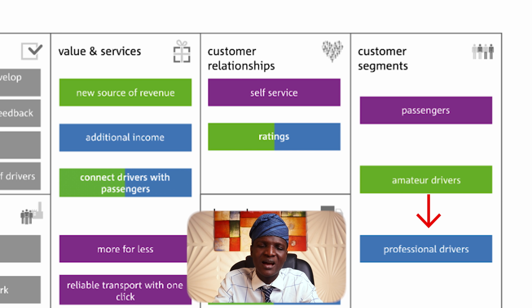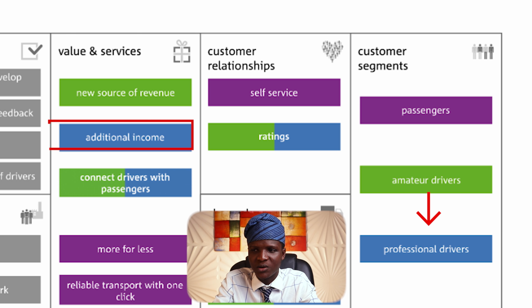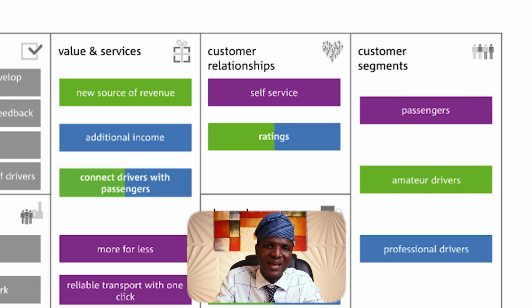What they do is driving all day, 24/7. So for professional drivers, their value proposition is what? Additional income. Because they are already driving a car as a driver normally. They already have passengers. They already have routes in which they are moving. But we are coming into the market to provide them additional income. So those are the value propositions they are giving to these people.